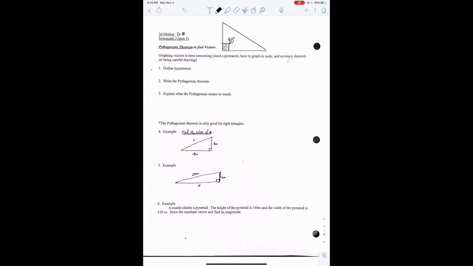The side across from 90 is the hypotenuse. You always want to spot this. So the hypotenuse is the side across from the 90-degree angle.